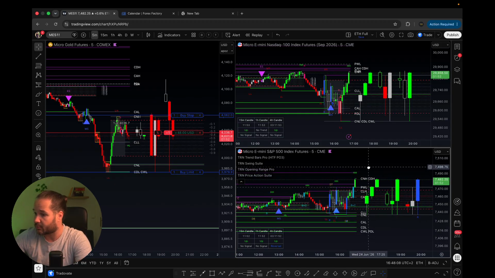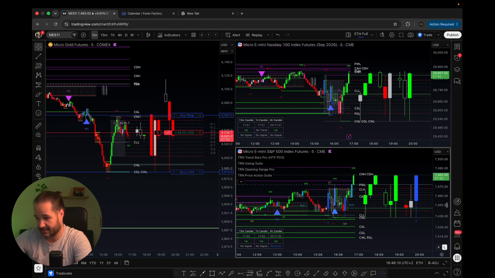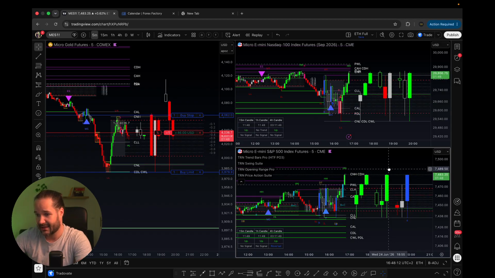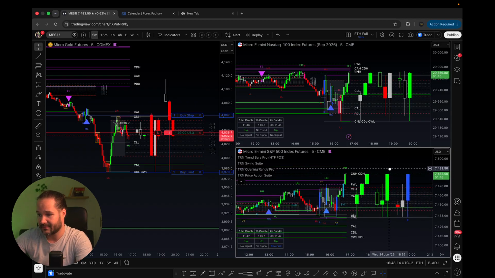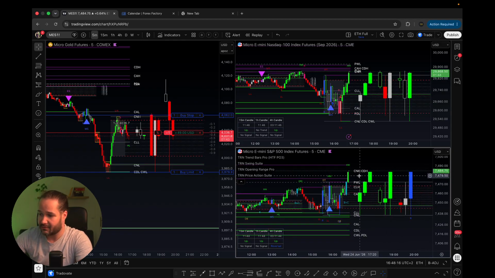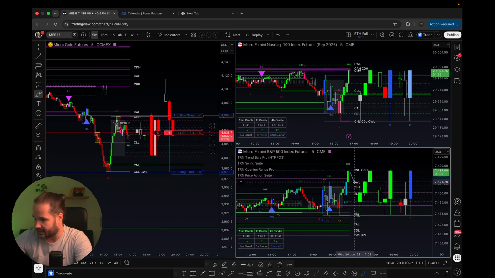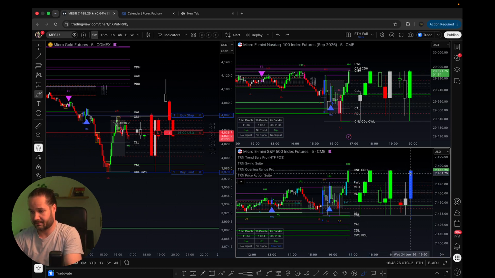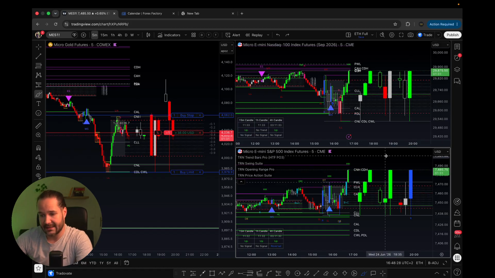I cannot promise it, because today I will only trade A+ setups from now on. Let's see if we get one. Even if we get a little pullback now, and then bounce off, it would be possible to target this one here if we get a good risk-reward ratio. It's not out of the question. So let's watch closely.